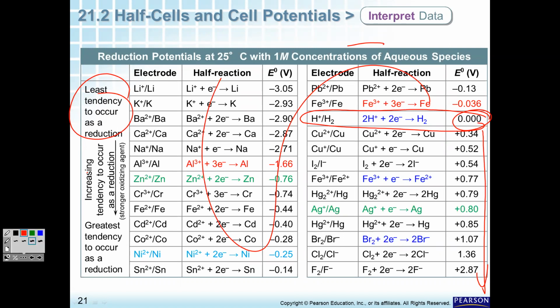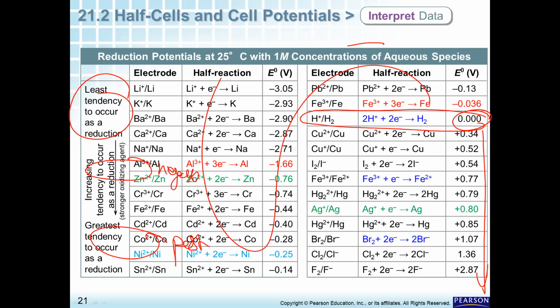And the one with the negative will undergo oxidation. I will teach you a rule that you need to remember: the more positive, less negative is reduction. What does that mean? If I have two values, one of them is negative and one of them is positive, meaning two half cells.